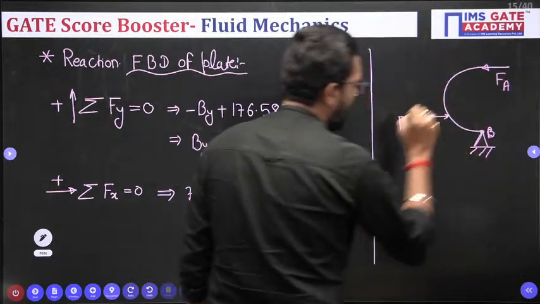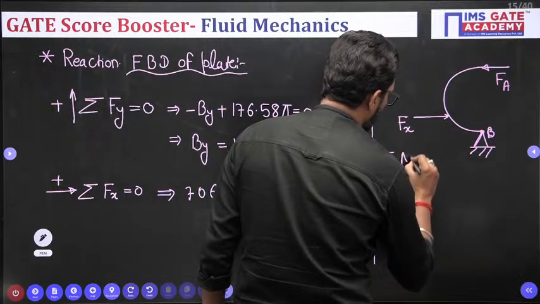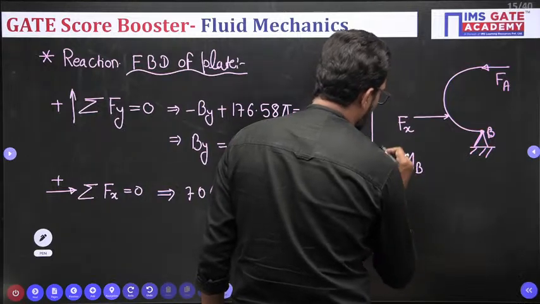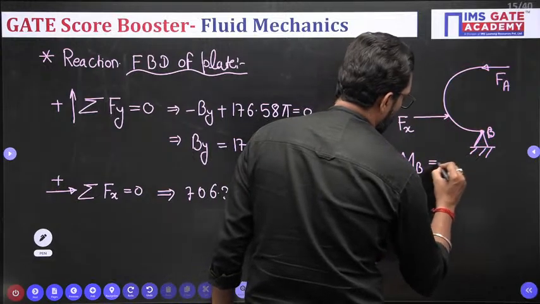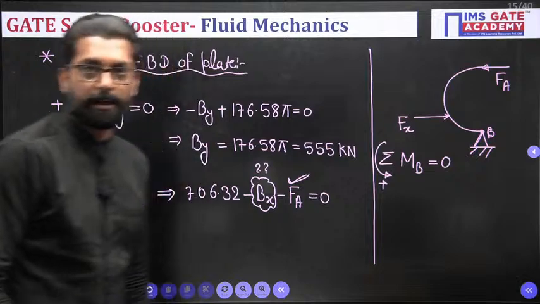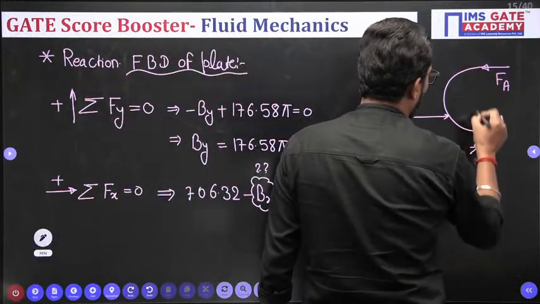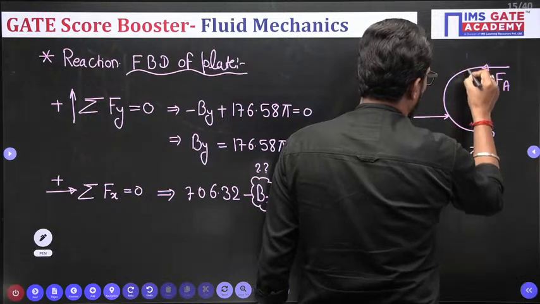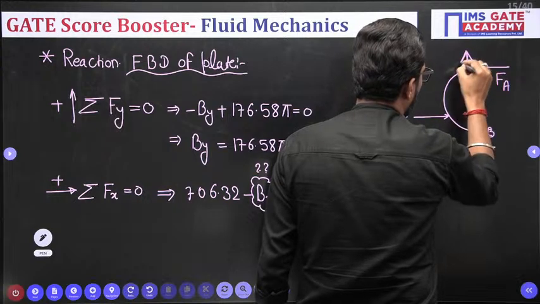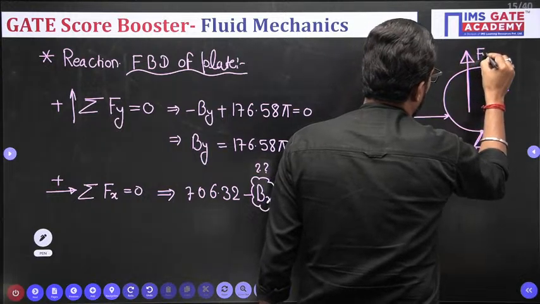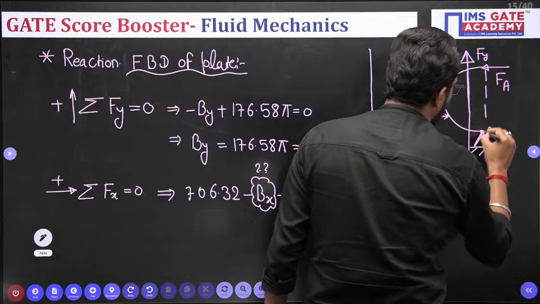So we have to balance the moment. Summation of all the moments at point B, taking counterclockwise as positive, is equal to 0. Also there is a vertical force, which is Fy, and it is at a distance k.